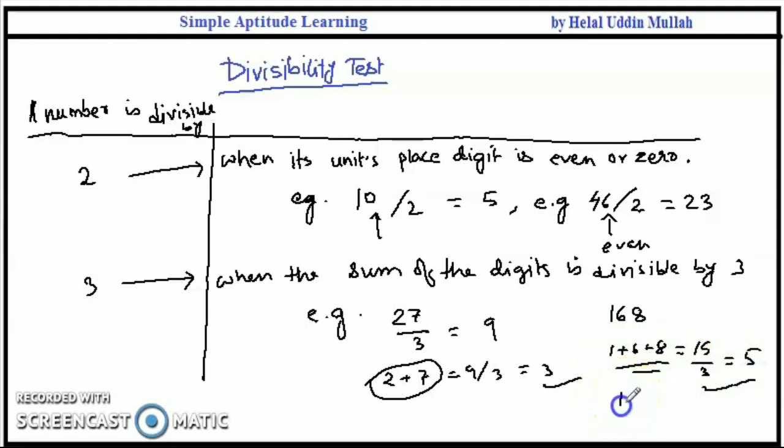Now if we check 168 divided by 3, we get 56. So 168 is divisible by 3. So that is the trick: if the sum of the digits in the given number is divisible by 3, then you can say that the given number will be divisible by 3.